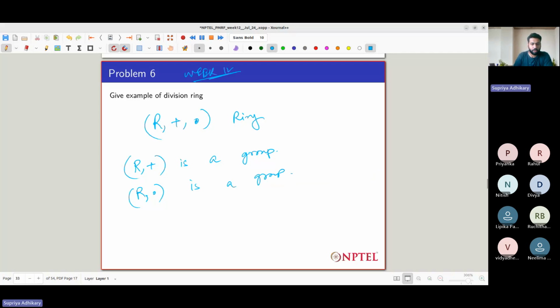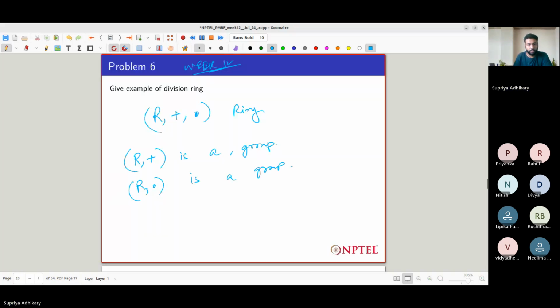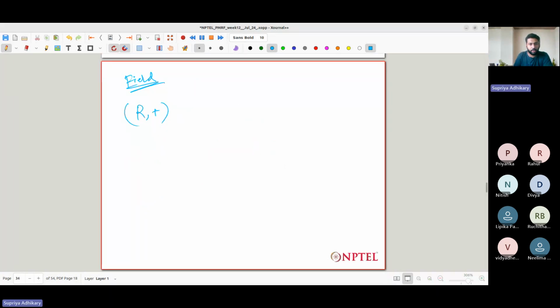Now remember the property of a field. So what was a field? A field says that R plus should be an abelian group, and R dot is also an abelian group.